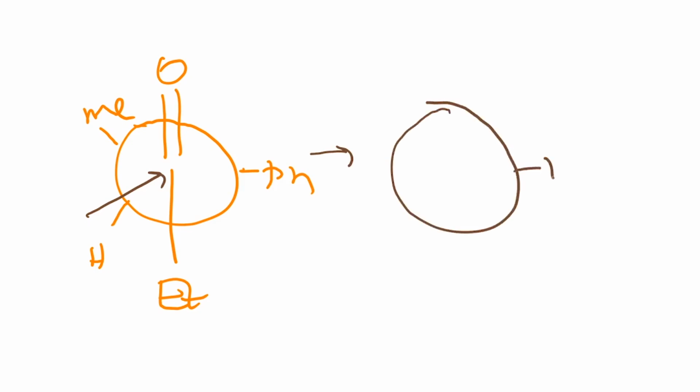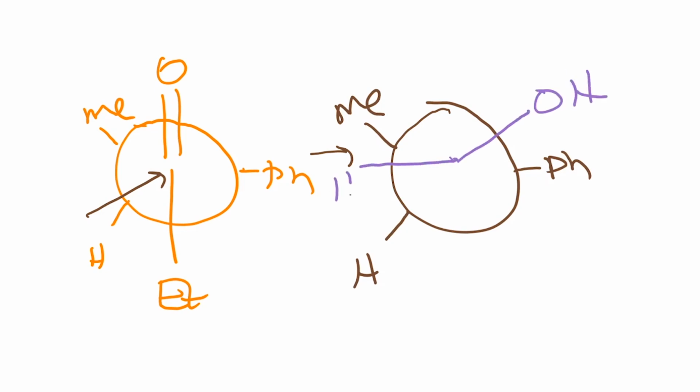Keep the back carbon the same, and now we need to correctly write out the front carbon. So this is OH, H, and Et. This kind of conformation has to be drawn in the correct sort of projection. Let's look at it a little bit closely.